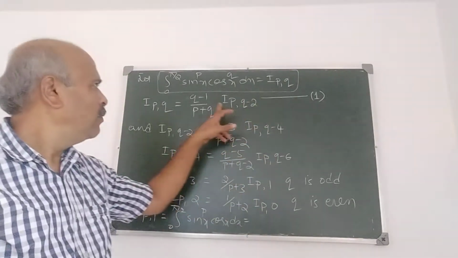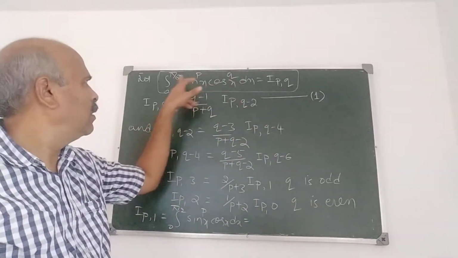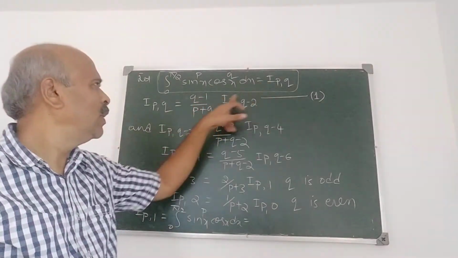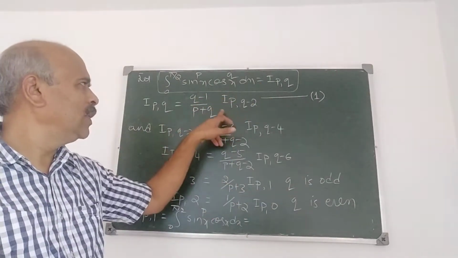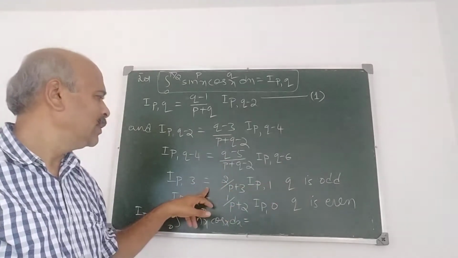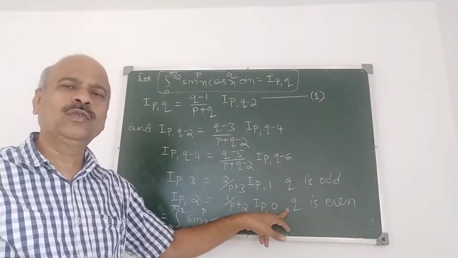Understand? First we denoted the integral of sin x raised to p cos x raised to q by I(p, q), and successively substituting q minus 2, q minus 4, etc., we get finally this one when q is odd and this when q is even.